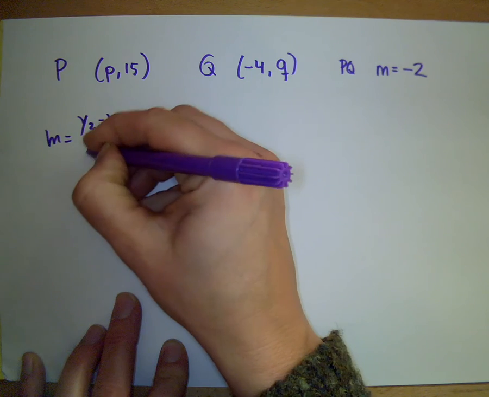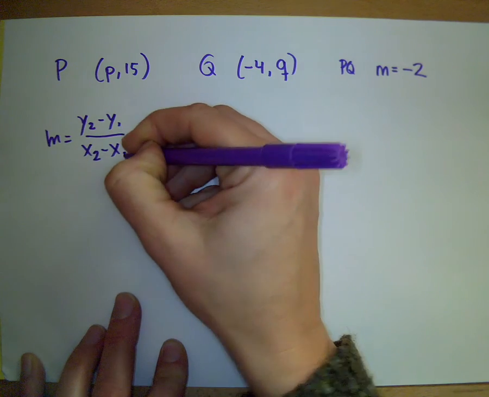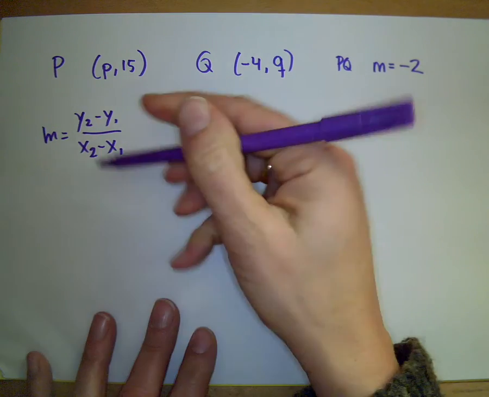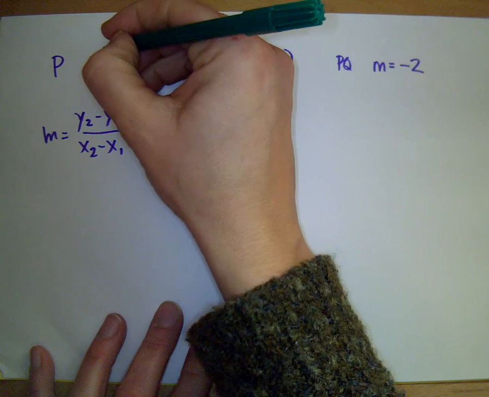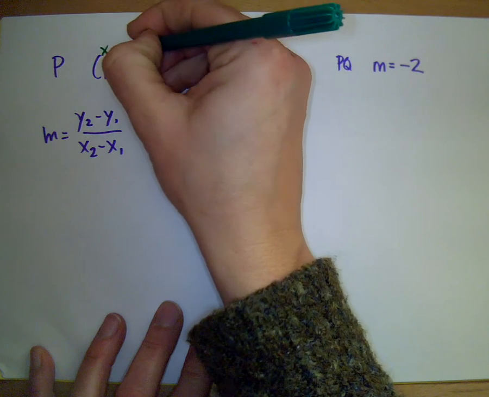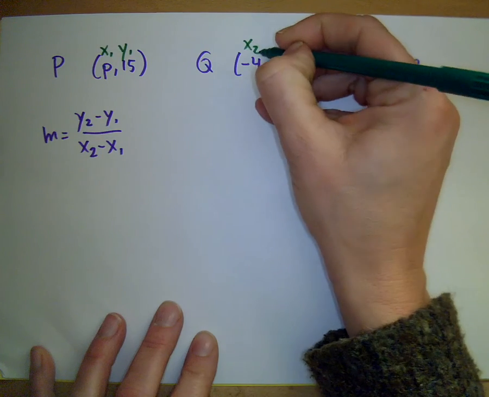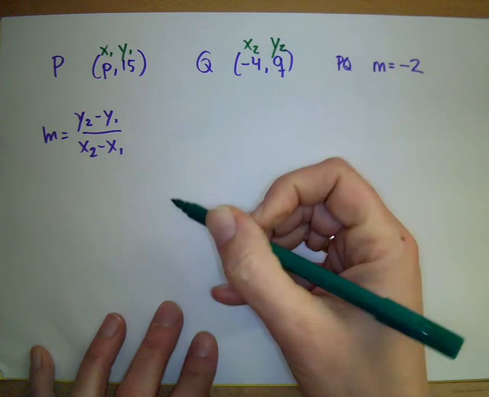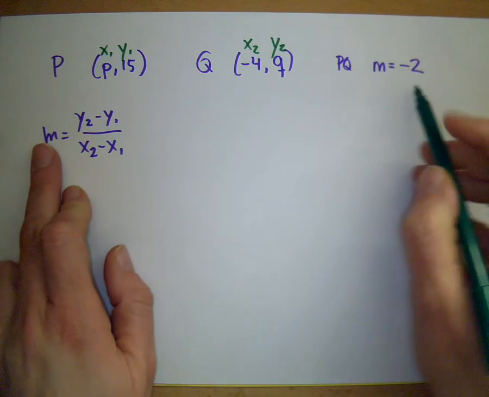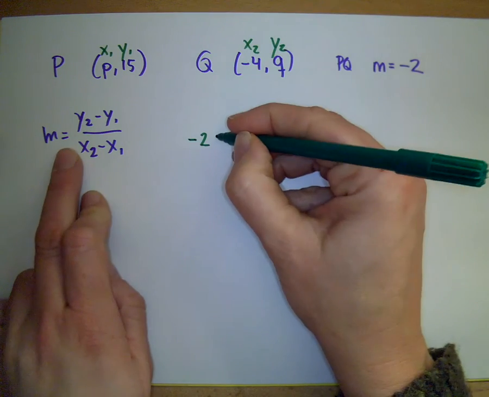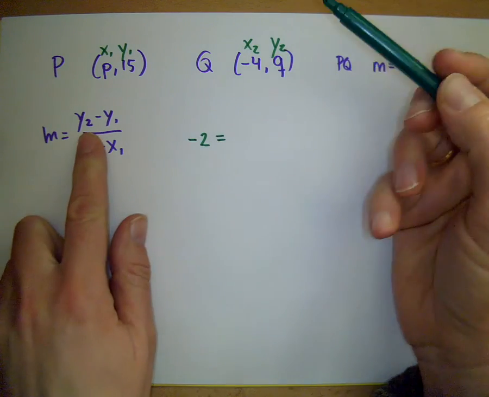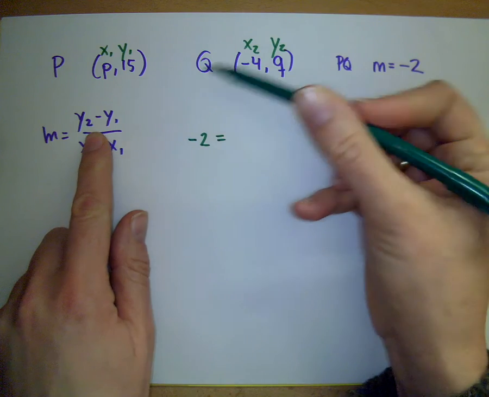This is our formula to find the gradient of any line given 2 coordinates. This will be point 1 with x1, y1. This will be point 2 with x2 and y2. M, the gradient, they tell us is -2. So -2 equals y2 minus y1.